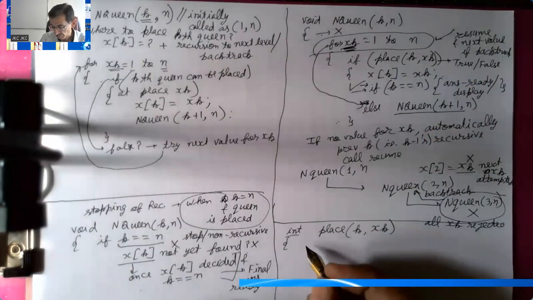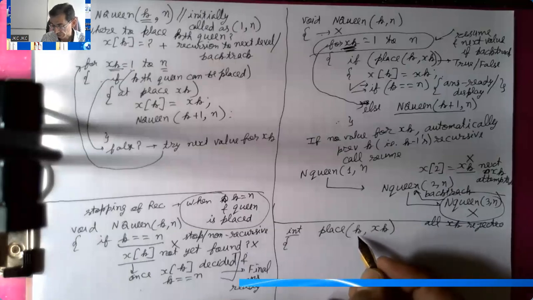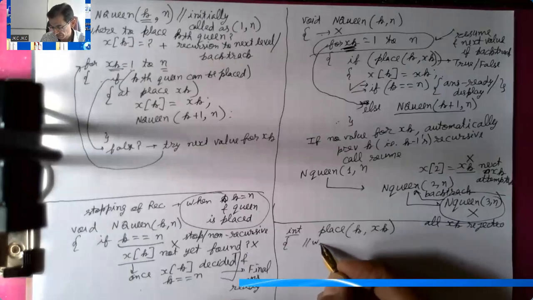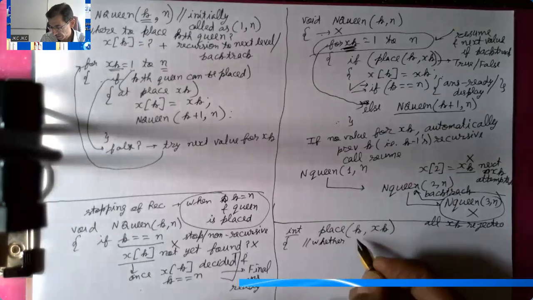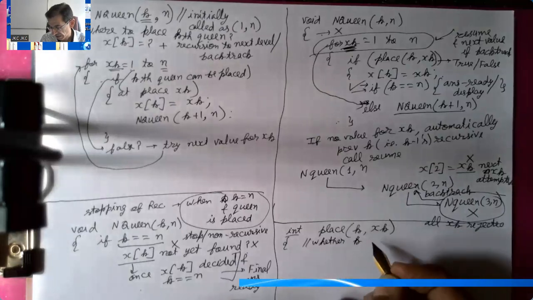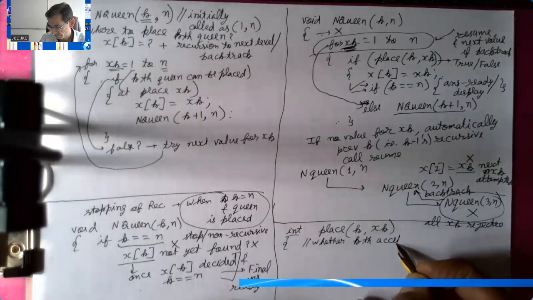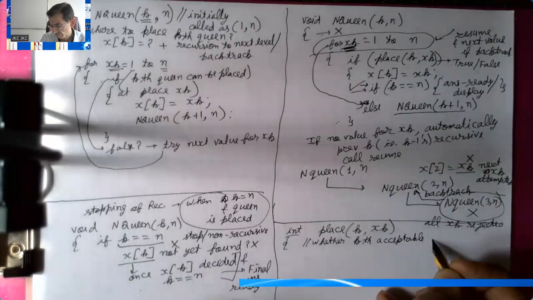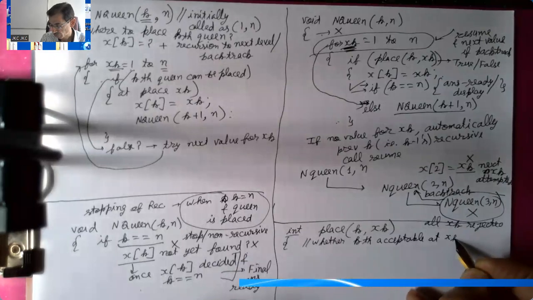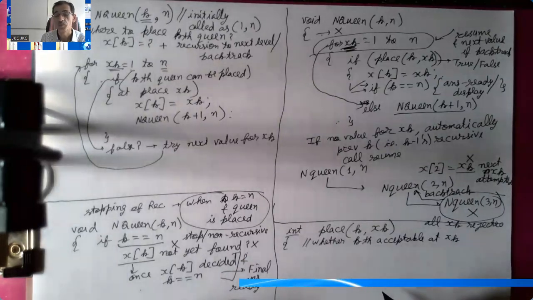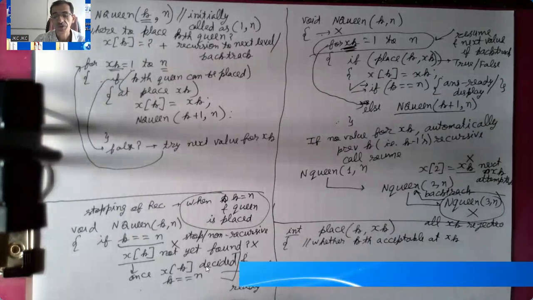Now, what do I have to check? Whether the kth queen is acceptable at position xk or not. How to check? I have to check the attack. Attack of whom? I have to check the attack of all previous queens against the current queen.